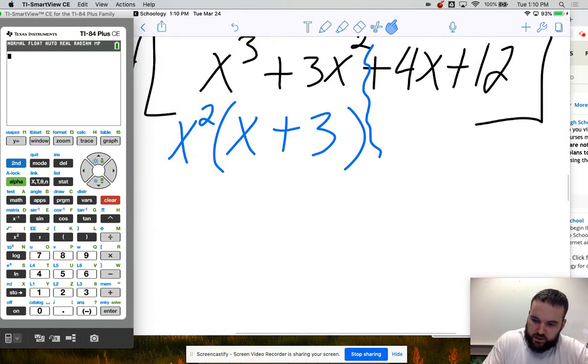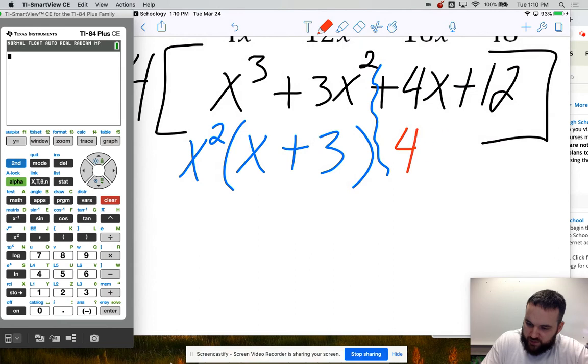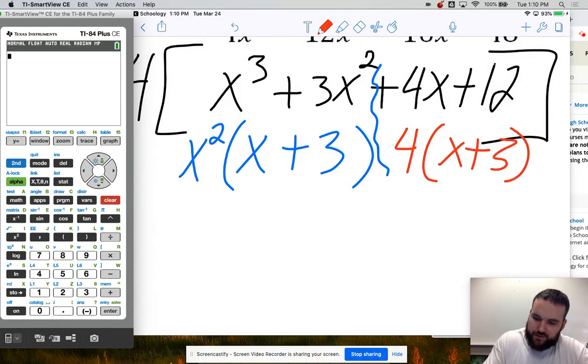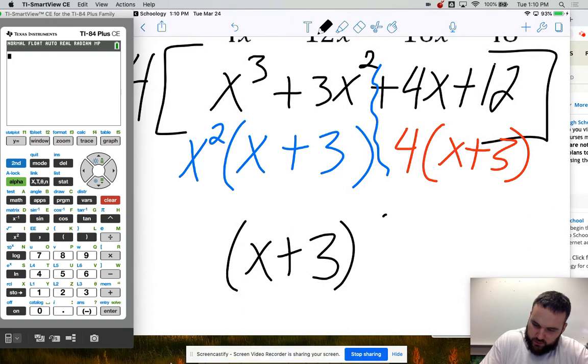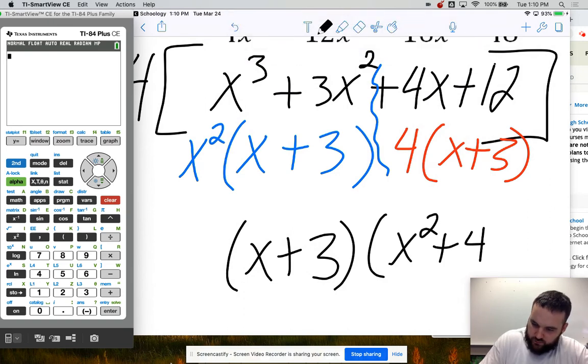And then over here, let's go red, 4 can be divided from both of these terms in the second half of the problem, and that would leave me with x plus 3, which is fantastic because that's the same as the front half of the problem. So x plus 3 times x squared plus 4 with a negative 4 out front.